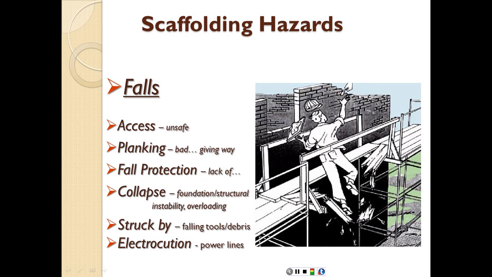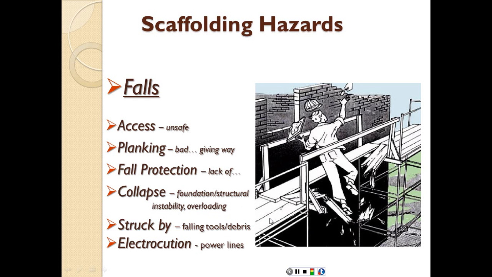Lack of fall protection, so if you don't have guardrails, for example, or if you don't have personal fall protection equipment, then that's going to be a problem. Collapse, foundation or structural instability or overloading.